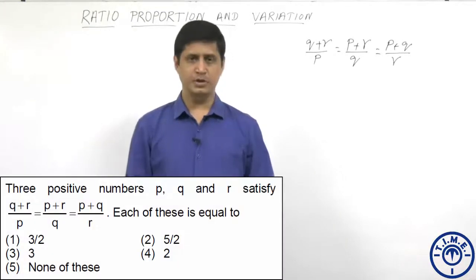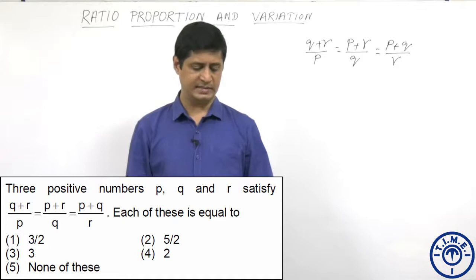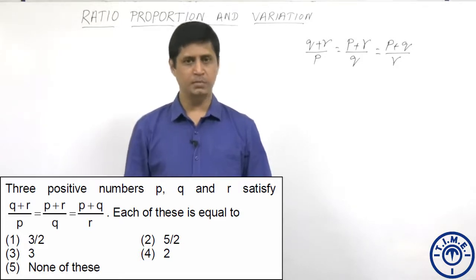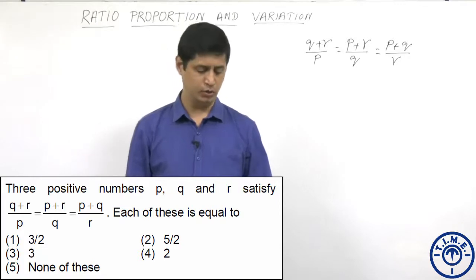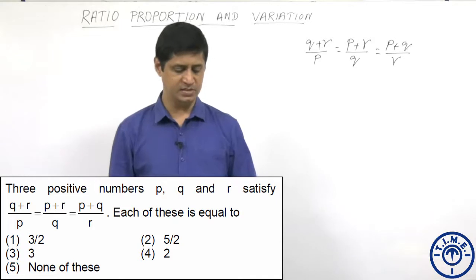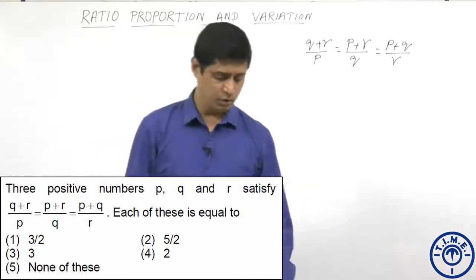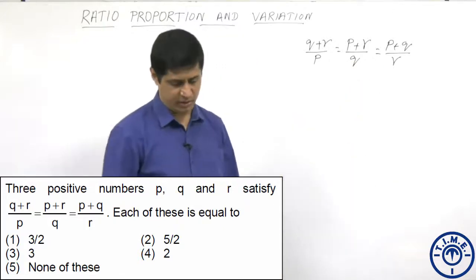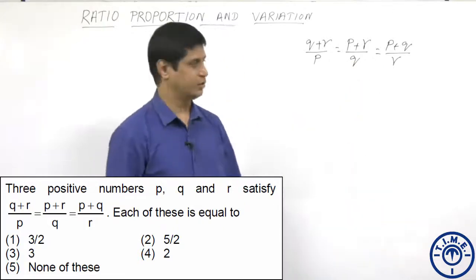3 positive numbers p, q and r satisfy q plus r by p equal to p plus r by q equal to p plus q by r. Each of these is equal to what? These 3 parts are equal. Then what is the question here? Each of these is equal to what?